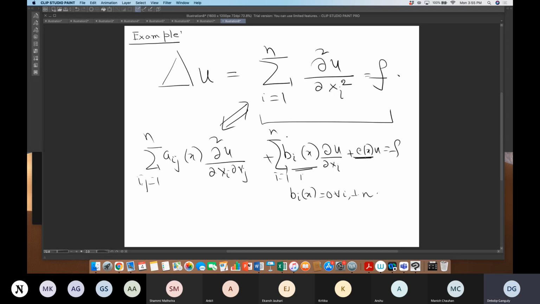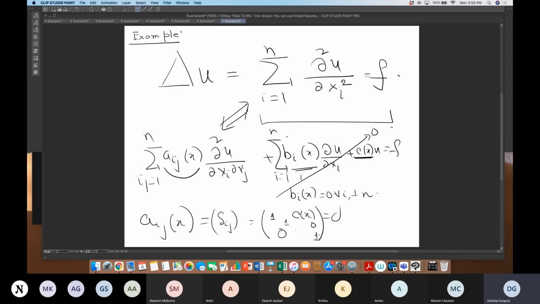What is c(x) in the Laplace equation? 0. Very good, c(x). So both are gone. Now you tell me, what is a_ij in the Laplace equation? 1 if i equal to j and 0 if i not equal to j. Excellent. This is delta_ij. That means this is a matrix with 1, 1, 1 on the diagonal and 0 otherwise. Is that clear?